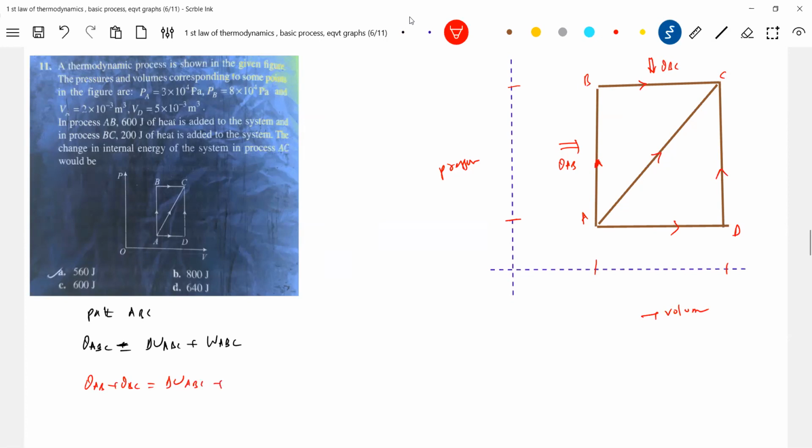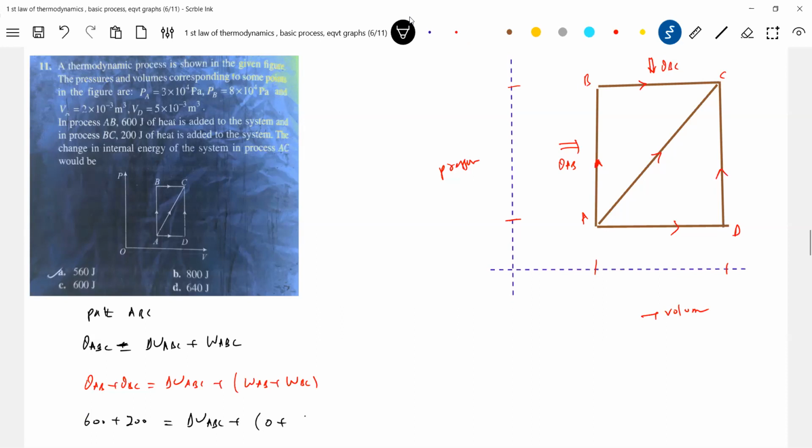WABC, what is the work done? This will break up into WAB plus WBC. QAB we know is 600. QBC is 200. Delta UABC we don't know. WAB should be 0.